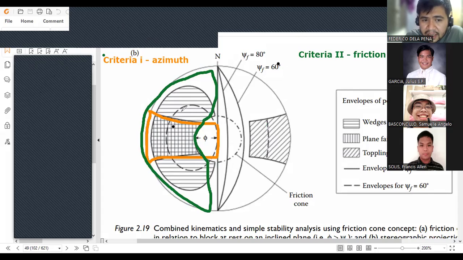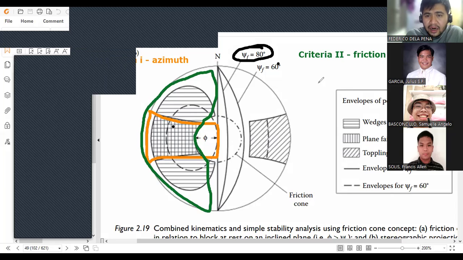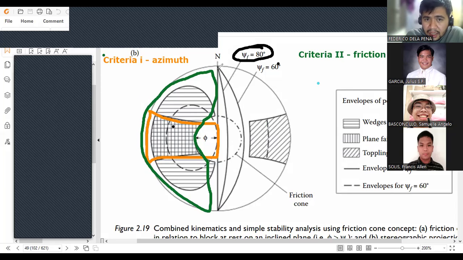Let's say the slope face is 80 degrees. So let's try to draw that in terms of an arc plot. This is your slope face plotted as an arc.